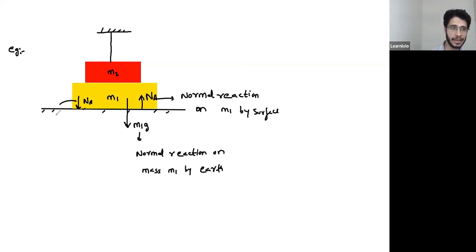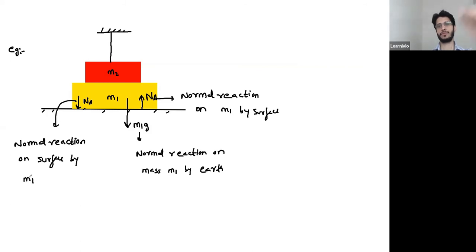Here this Na is normal reaction on surface by M1. This is normal reaction on surface by M1.